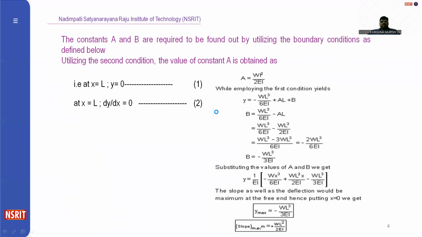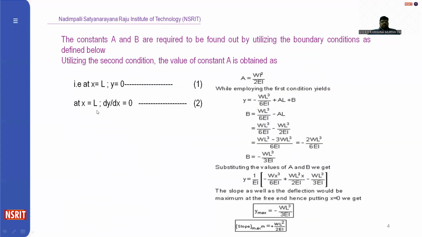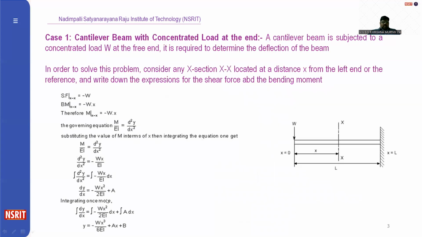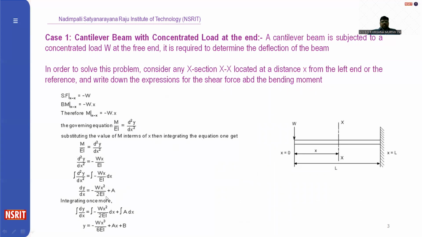If I employ this in the first equation, at x is equal to L, dy by dx is 0. So A is equal to W L square by 2EI.